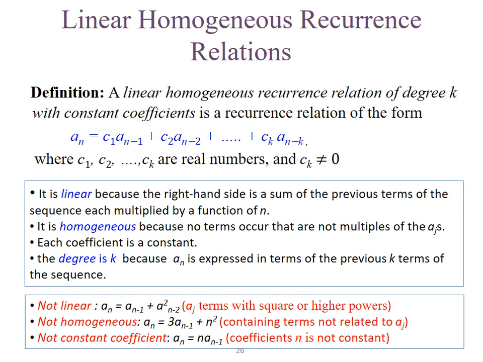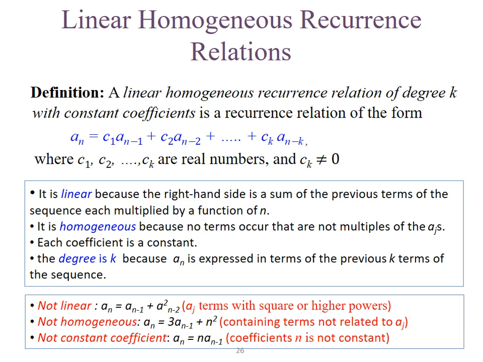If we have a_n equals a_{n-1} plus a_{n-2} squared, this is not a linear homogeneous relation. It's not linear because we have a term with a square here. If you know linear algebra, we call that a linear combination, where each term has power 1. If it has power 2 or more, then it's not linear.